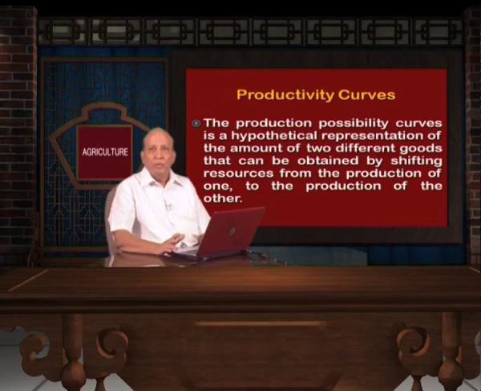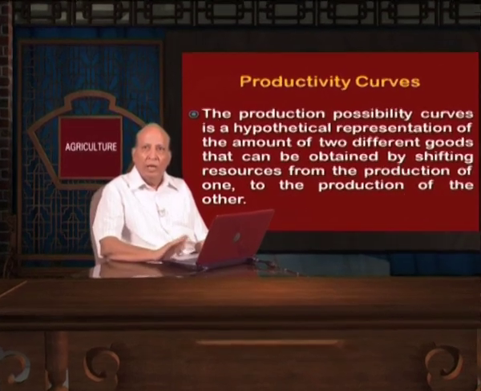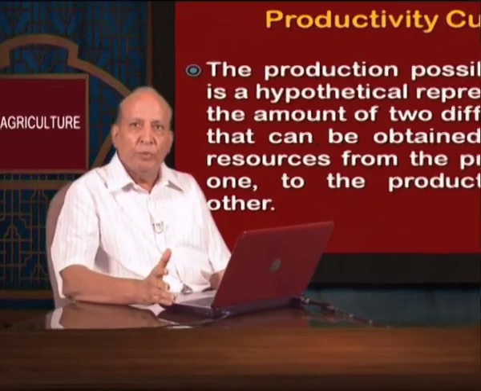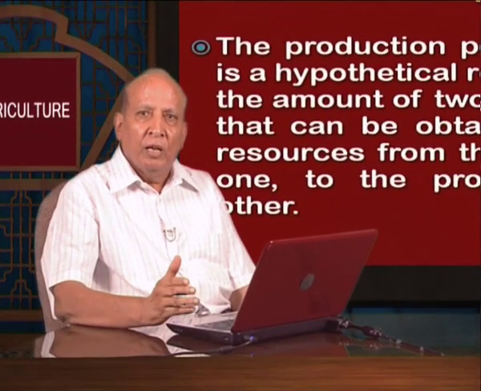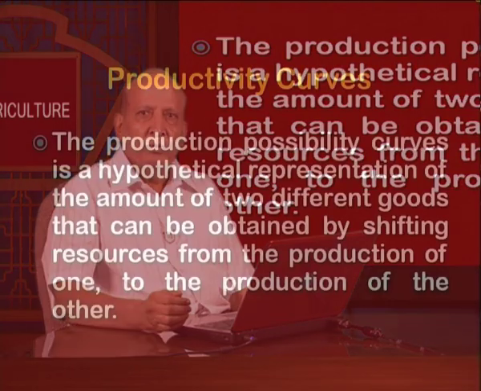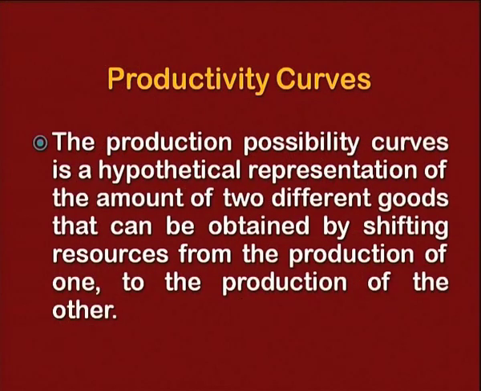Now we come to the relationship between production and inputs. Suppose we withdraw some of the inputs from a crop and divert them to the production of another crop, what will be the combination of these two in terms of productivity? Productivity is nothing but production per unit of land.